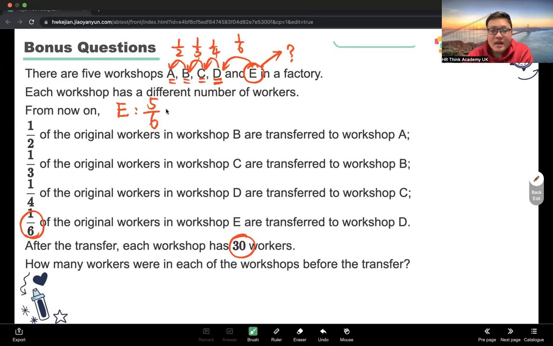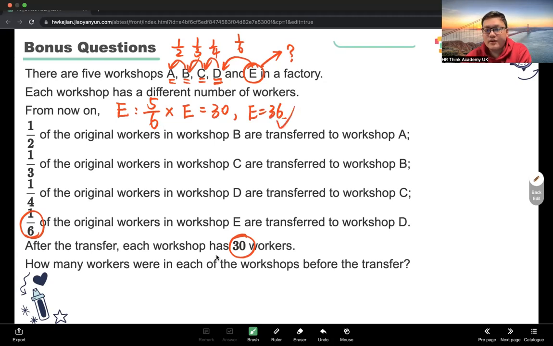This fraction times the original number of workers in workshop E then equals 30, right? And that means E equals 30 divided by 5/6. So you divide by 5, you got 6, times 6, you got 36. And that tells you E equals 36 originally.